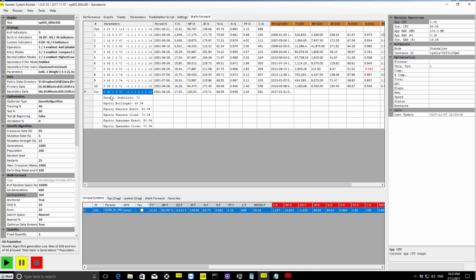So this column here, where it says 38, 3, 38, 2, that 2 has changed to a 3, and that 3 has changed to a 2. The parameters look reasonably stable, though not quite as stable as before. You can see the parameter stability score has gone from, I think, 90 to 72.